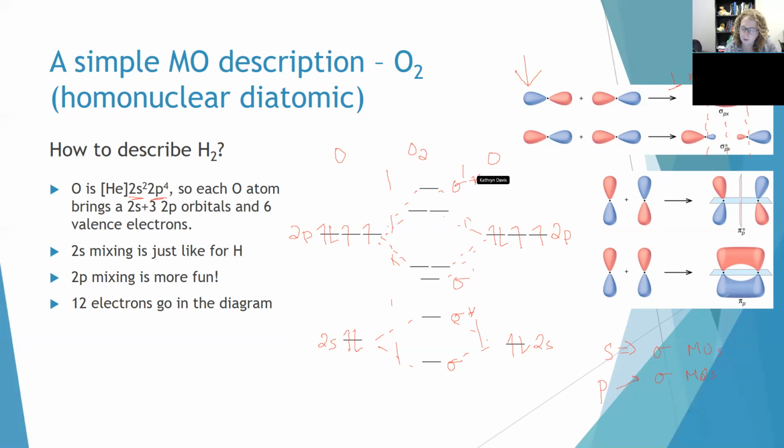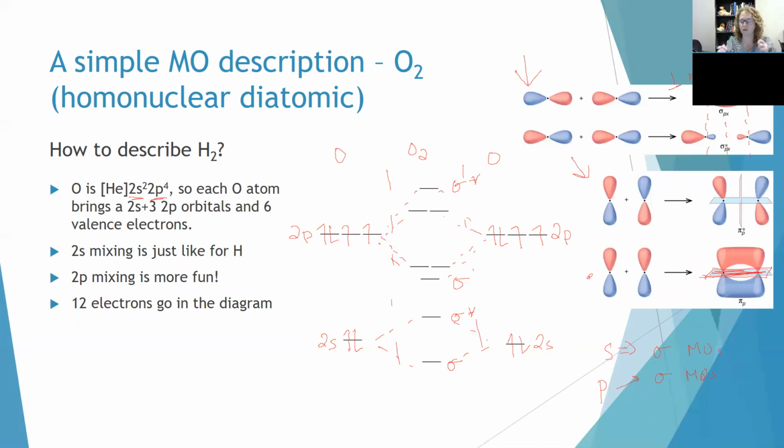But there's this other mode of mixing here where the p orbitals can mix side to side or in and out. And so what we get is a different nodal pattern. This bottom one right here has a node, right? It looks like that little plate that they're doing. And you notice that that node has the nuclei in it.